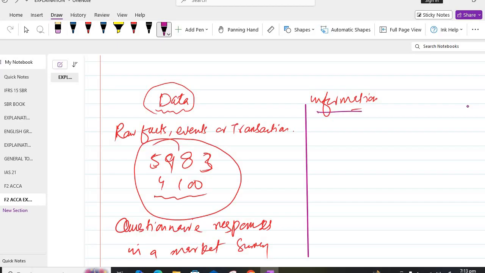Information is actually processed data. When the data is processed, meaningful and useful, then we call that information. So we say that information is processed data.